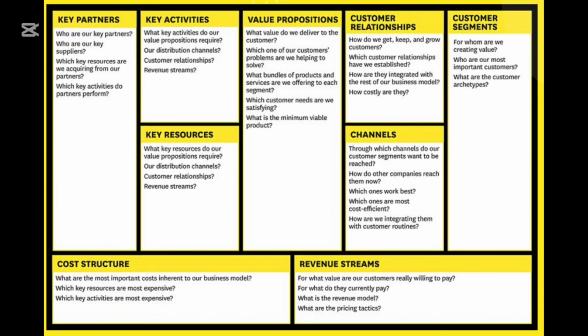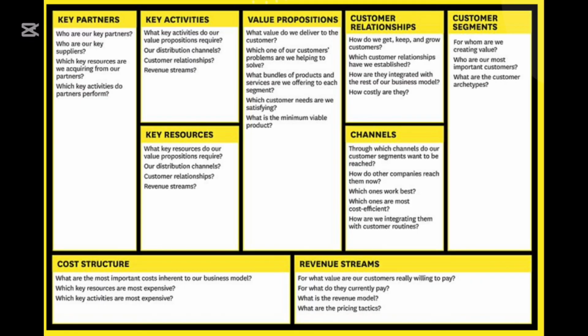When it comes to segments, we would take a look at exactly which customer segment we are targeting, and we need to be specific with regards to that, and that's what we mean by the archetypes with regards to our customers. With key resources, we are looking at what are the major resources in our business in order to create our value proposition.